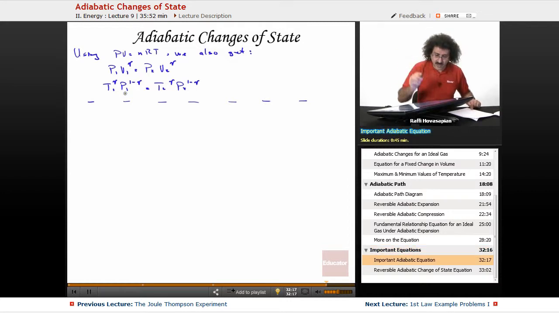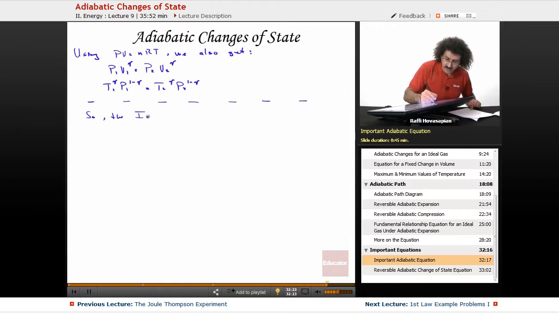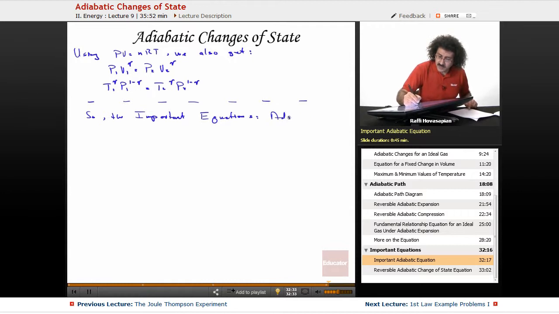Okay, so a little bit of a recap. The important equations that we are interested in when we discuss things that are adiabatic. Well, adiabatic means dq equals 0 or q equals 0.